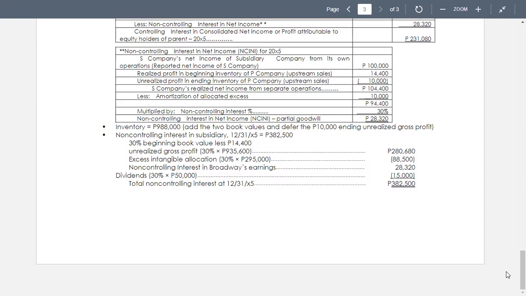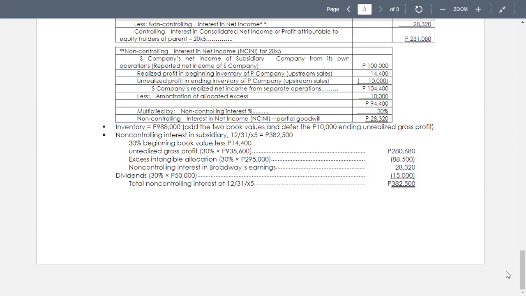And then we deduct the non-controlling interest in consolidated net income in the amount of 8,700.